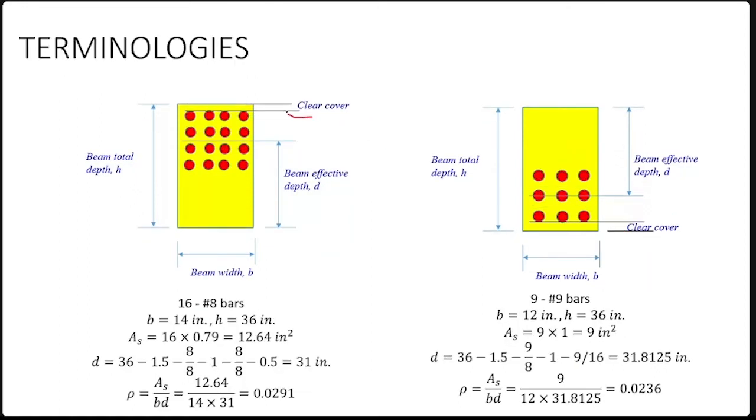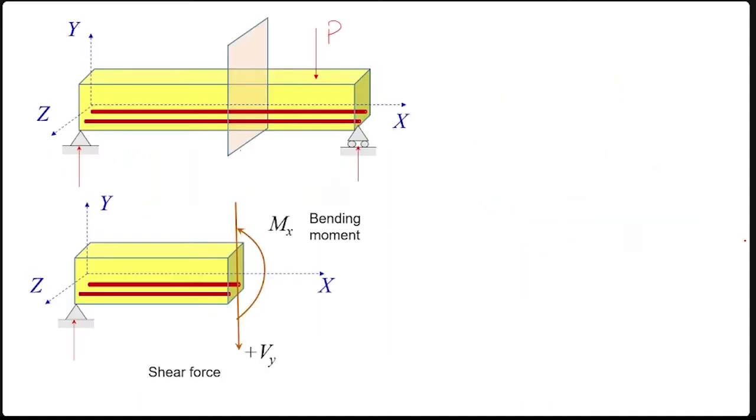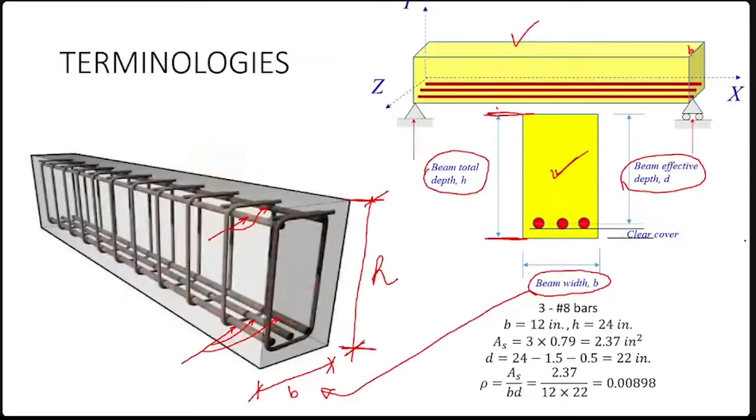Bars are put a bit inside, not exactly at the outer surface, having a clear cover. I think by now you understood what clear cover means. So every beam will have this sort of clear cover.